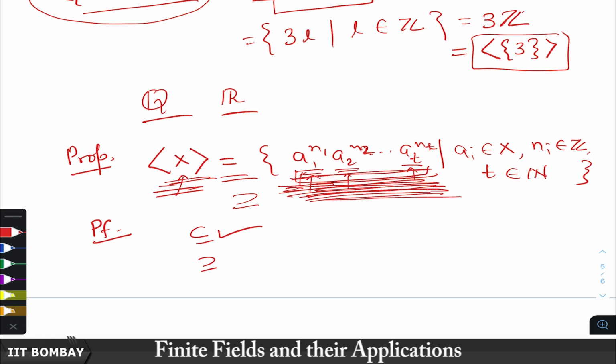And so their operation between them also must be there in that subgroup. So, that says that this right hand side must be a subset of any subgroup that contains all the elements of X.